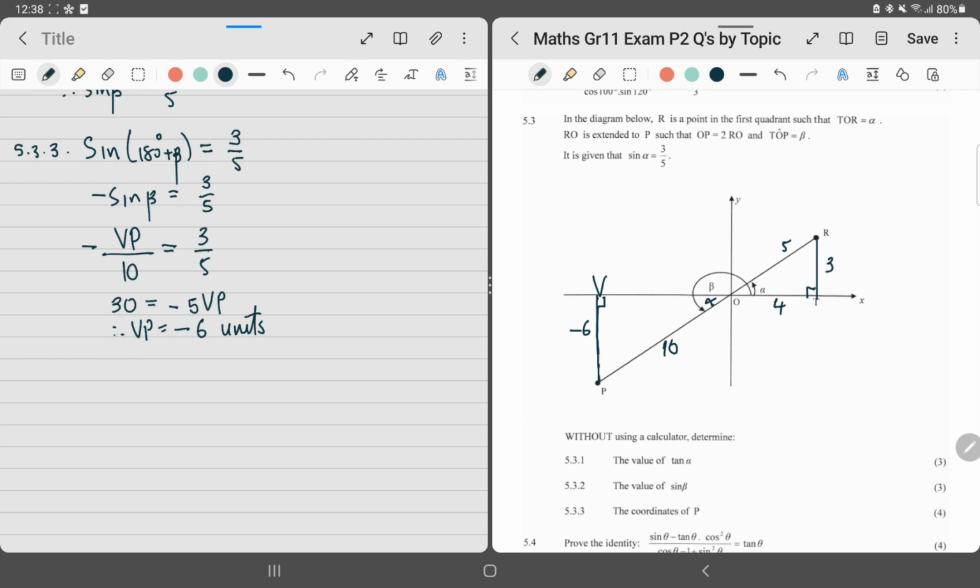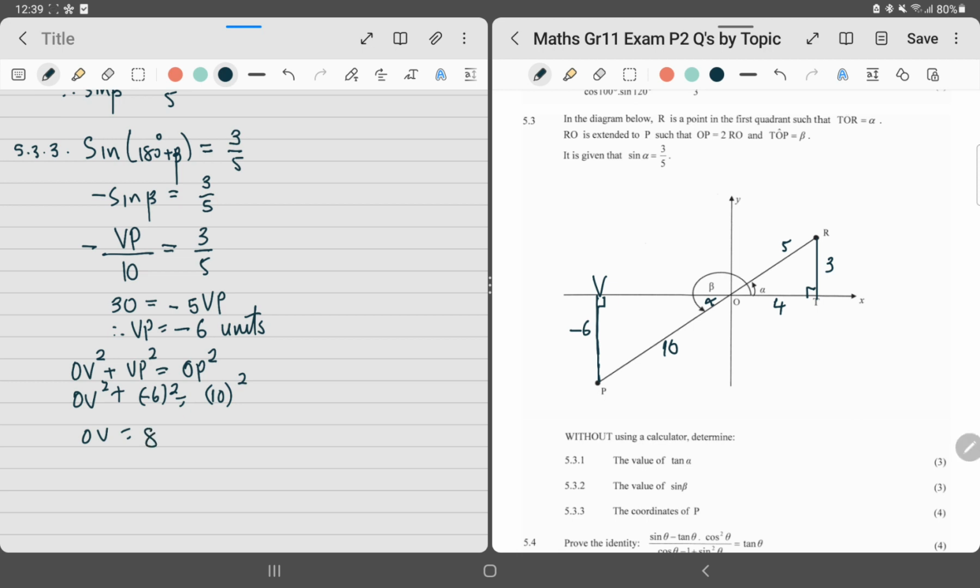And then in that triangle, I know that OV squared plus VP squared should be equal to OP squared. And then OV, that's what I'm trying to find. VP, that's minus 6 squared. OP is 10 squared. So OV should be equal to the square root of 10 squared minus 6 squared.